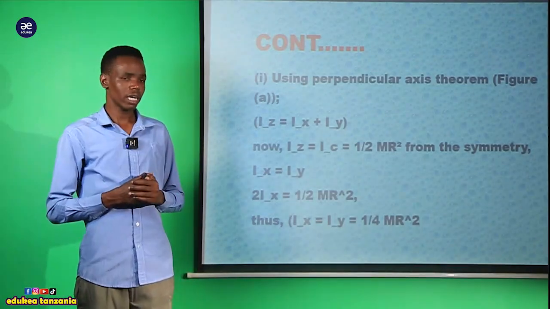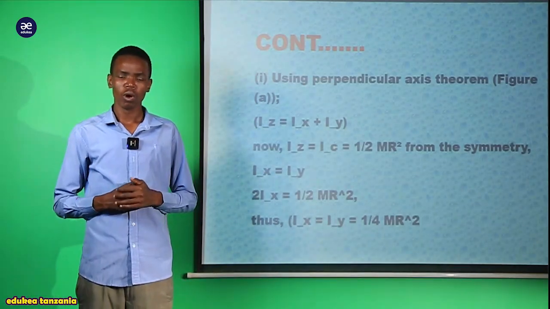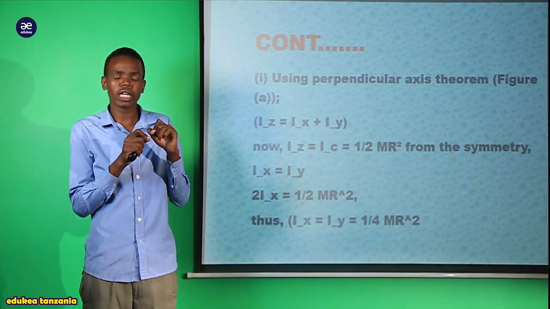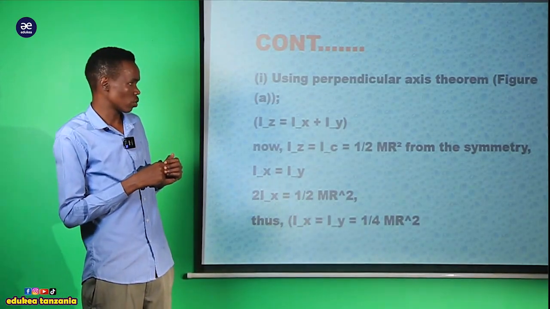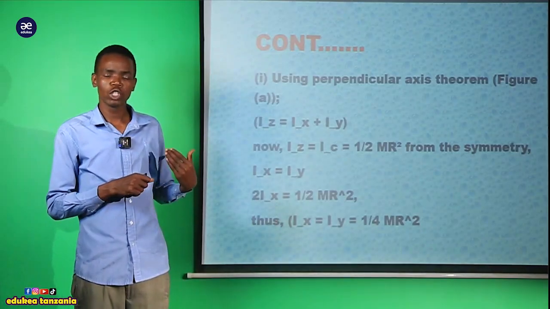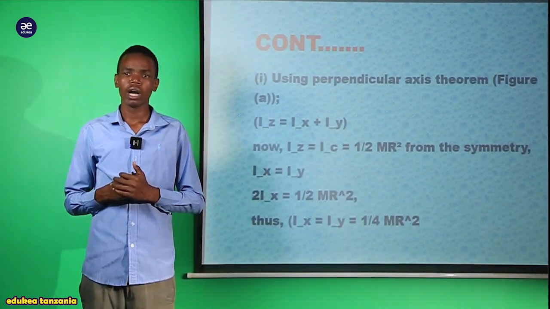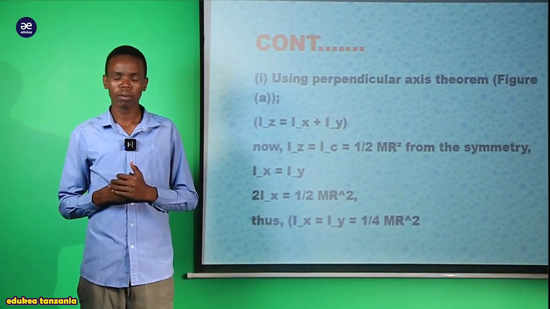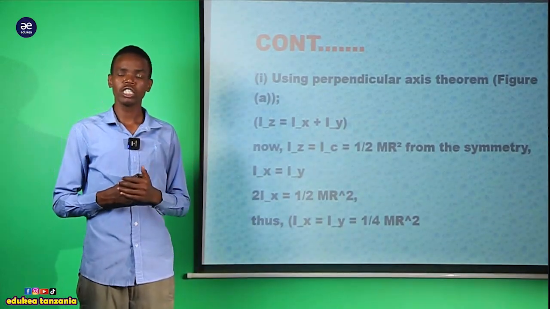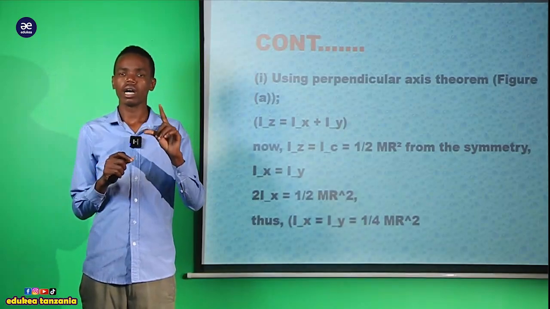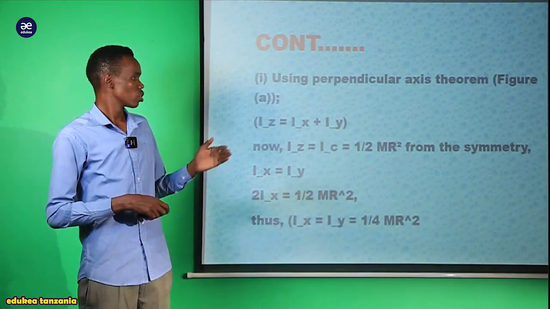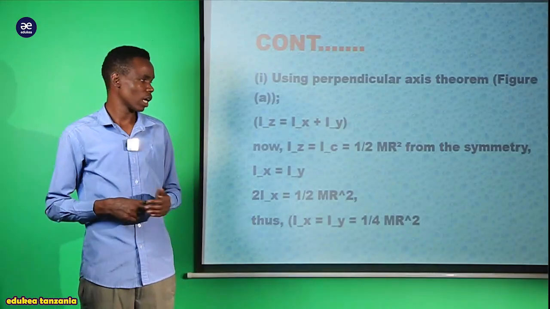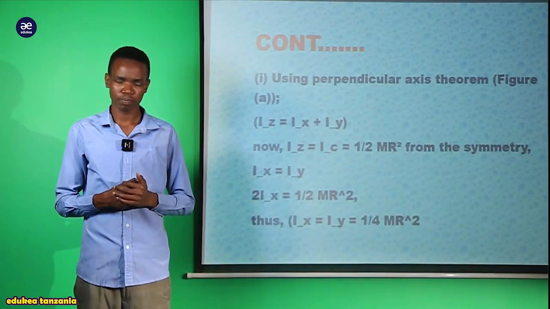Also, let us go and see for Roman 2, where we have been asked how we can obtain the moment of inertia through an axis passing through the center. Even here, we should recall the perpendicular axis theorem. Our perpendicular axis theorem says that the moment of inertia through the z-axis is equal to the moment of inertia through the x-axis plus the moment of inertia through the y-axis.